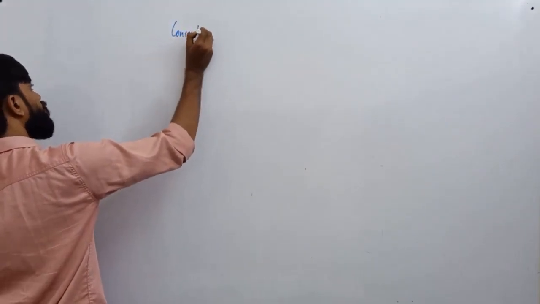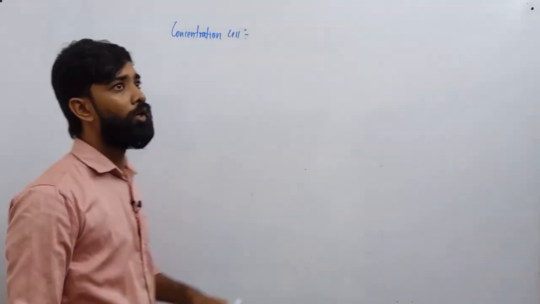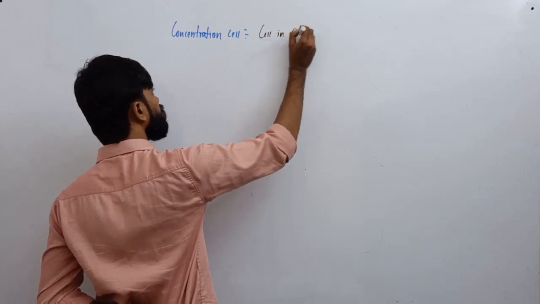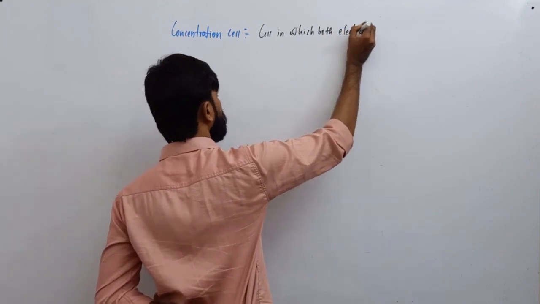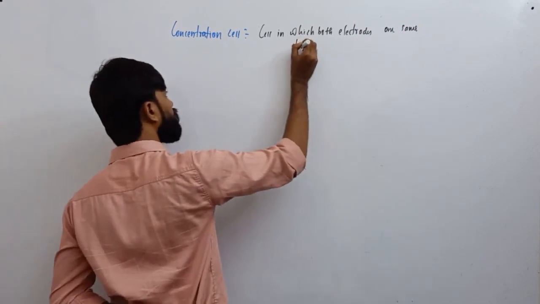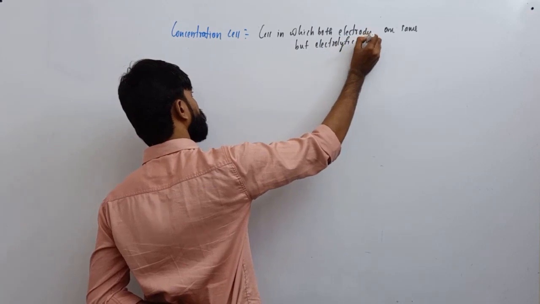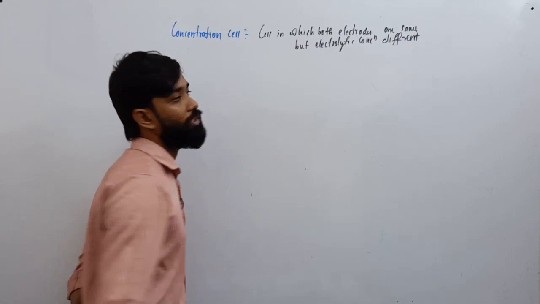A concentration cell means a cell in which both electrodes are the same, but the electrolytic concentration will be different.